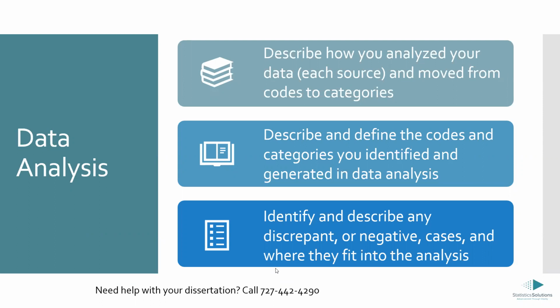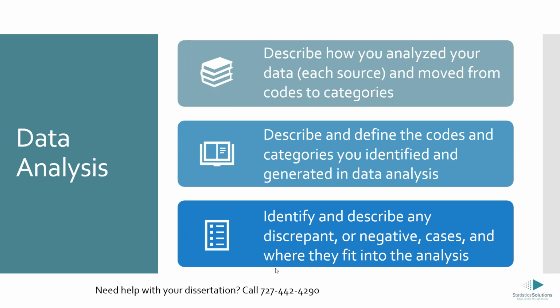And then there's the definition for defining your codes and your categories. This is something that you might have a table for. Depending on how many codes you have, this table will either go here or in an appendix. Some schools and some fields only want a list of the codes in your code book.